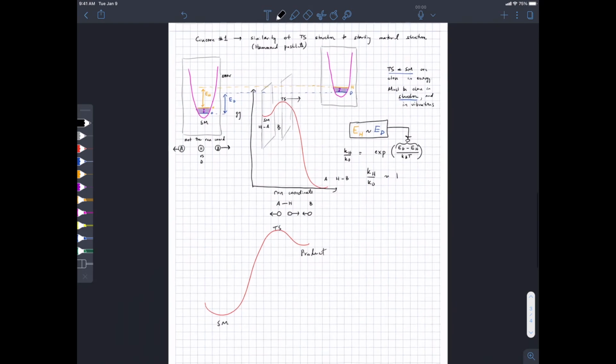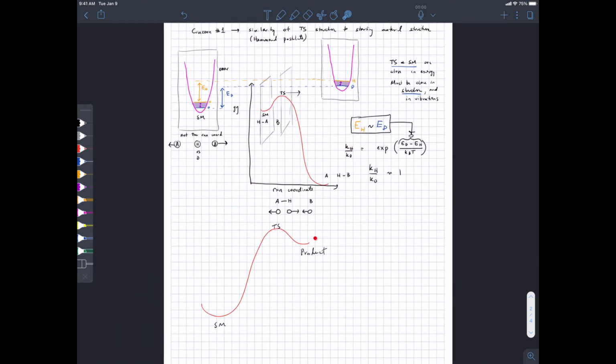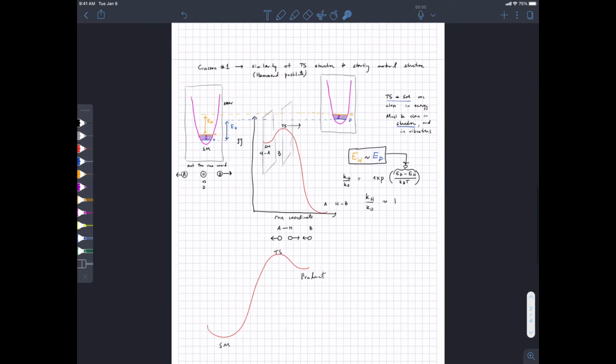And what we're saying is that if the product and the starting material have similar bond strengths and similar 0-point energy differences, and if the transition state resembles the product, then you're still going to have a basically minimal difference in activation energies and not observe a strong kinetic isotope effect.